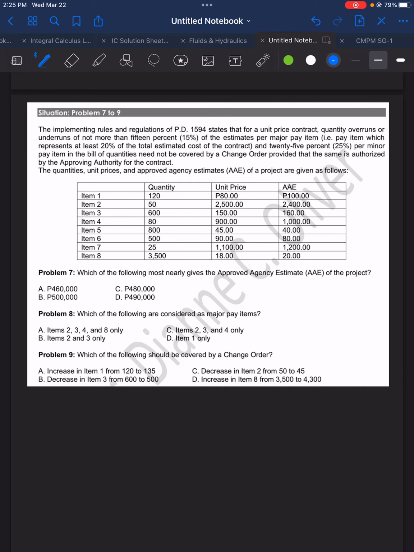So here are the quantities or the unit prices and the agency estimate of a project.